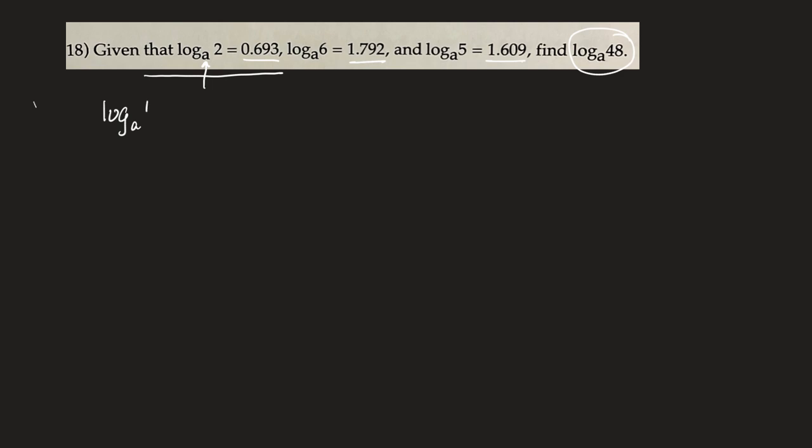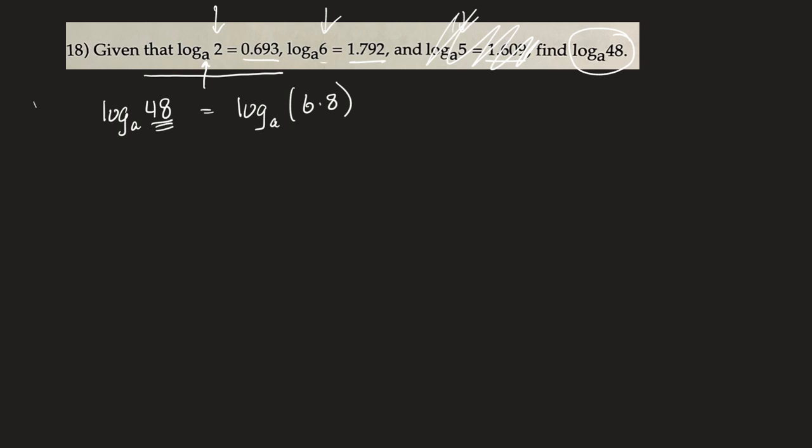So the key to this is to break this 48 down into 2s, 6s, and or 5s. Now, 5 won't go into 48, so it won't be using that one. But I think 6 and 2 will. So let me rewrite that as log base A of, instead of 48, let's say 6 times 8.